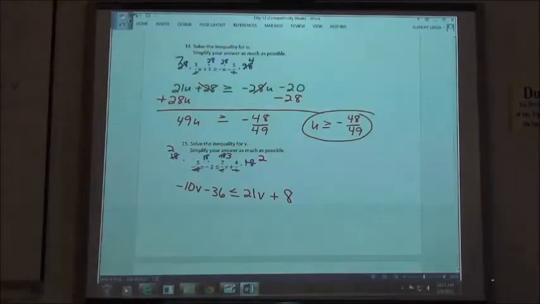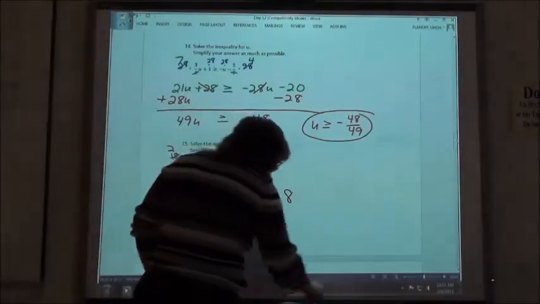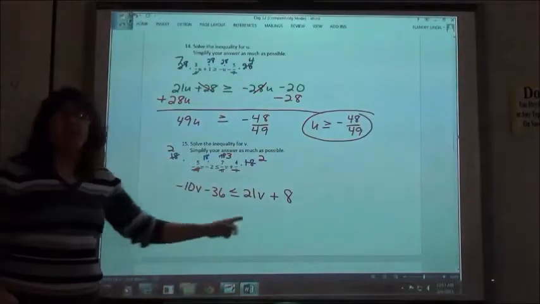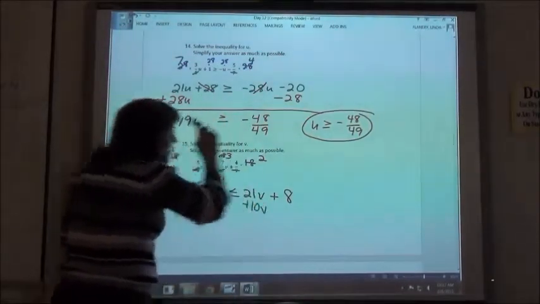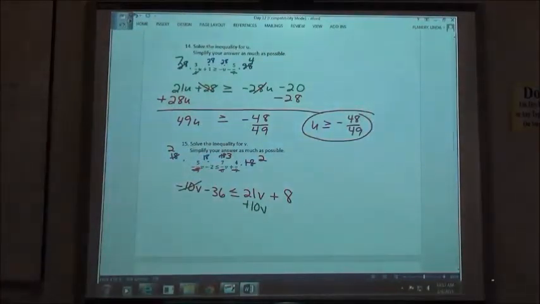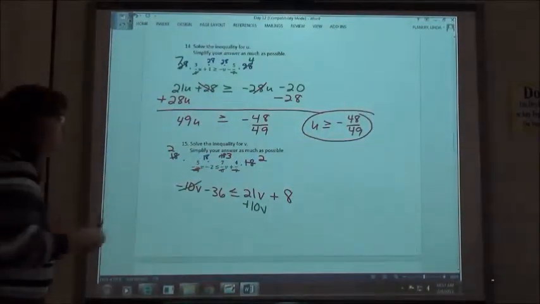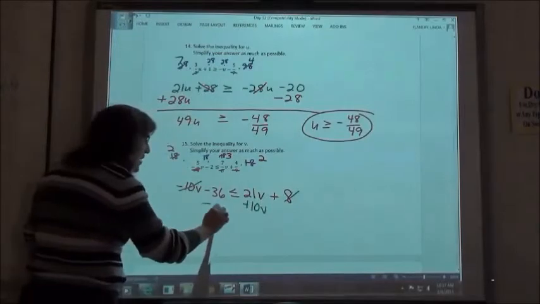What's the next thing you might want to do to solve that for v? Add the 10. She doesn't want to have that negative, so she's going to move that over and add the 10v, which means she's also going to subtract the 8 to move it to the other side.